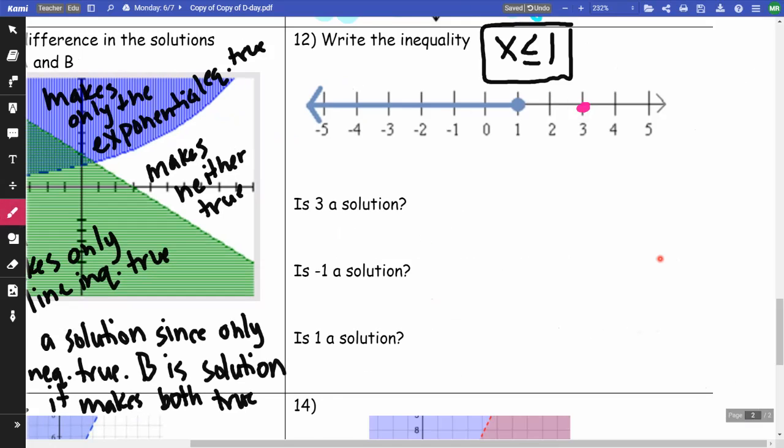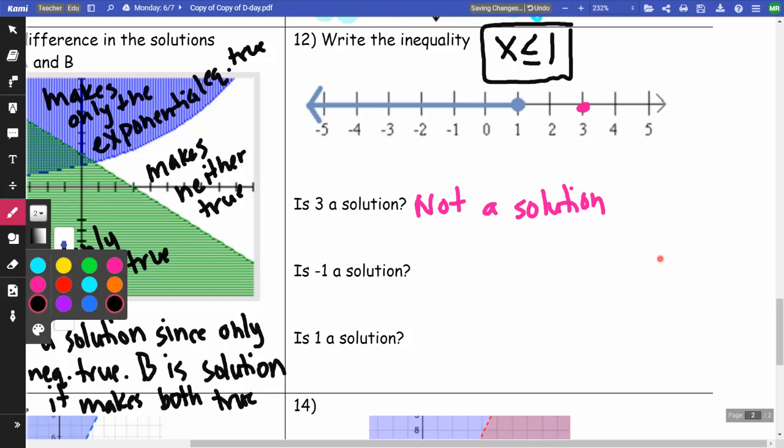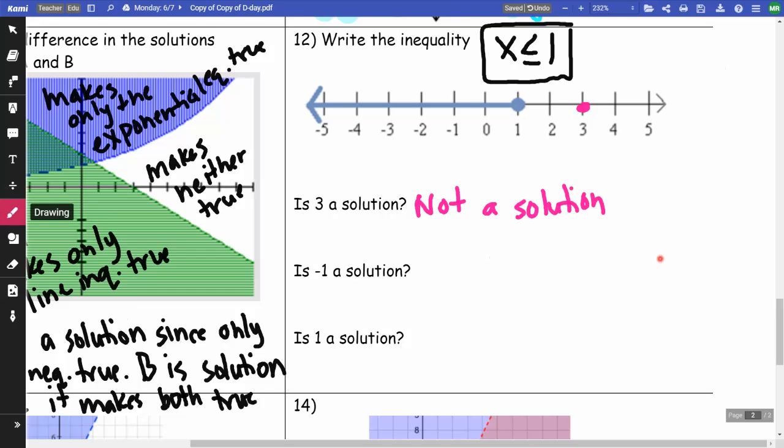Well, 3 is here. 3 is not in the shaded area, so not a solution. Then they give us -1. That's where -1 is. Yes, since it is in the shaded area, yes, it is a solution.